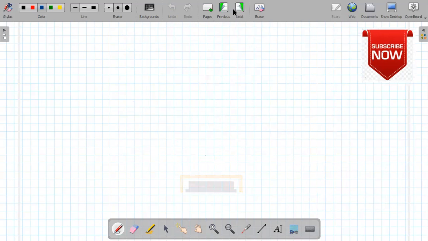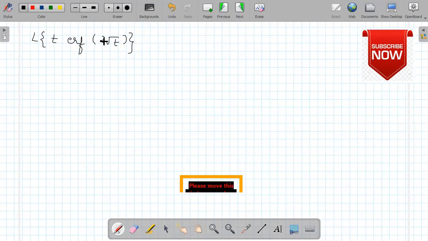Based on this example, you can try the Laplace transform of error function of t into error function of 2 square root of t. You know the error function of square root of t. You can use here the change of scale property, and then you can use the property of TFT, and you can find the Laplace transform of this function.